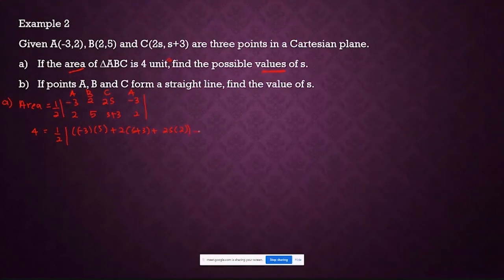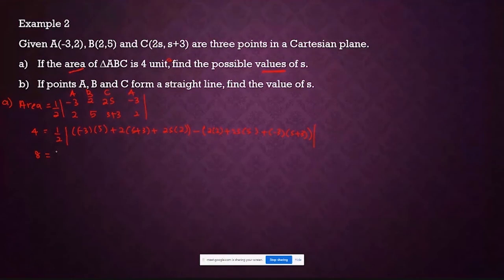Then minus the second part: 2 times 2, plus 2s times 5, plus -3 times (s + 3). Here I multiply 4 times 2 because of the 1 over 2 on the other side, so it becomes 8.